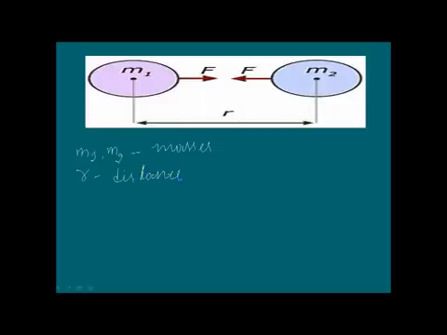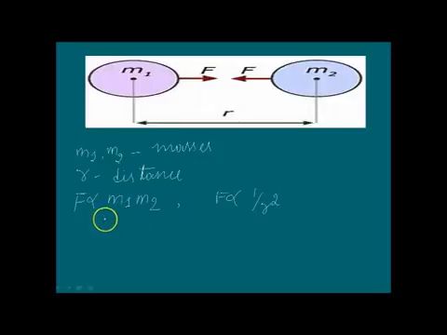So this gravitational law says that the attractive force F is directly proportional to the product of masses of the two bodies, that is m1 and m2, and it is inversely proportional to the square of the distance between them, so that is 1 by r square.